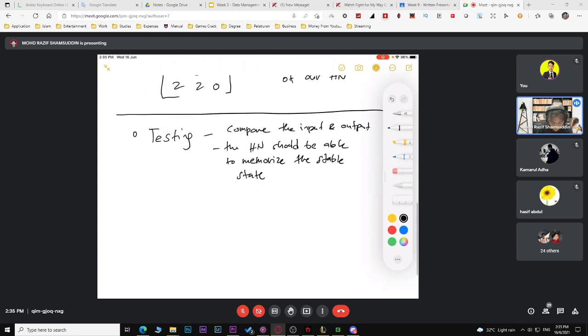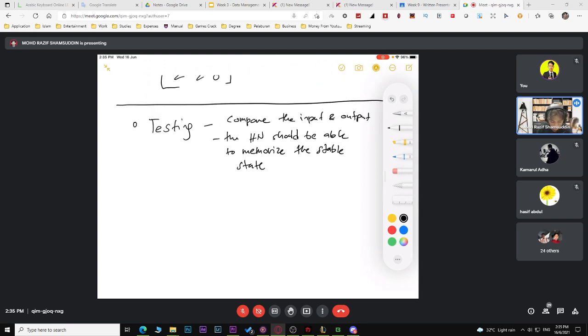So how do we know this network is able to memorize the stable state? Let's say this is our Hopfield network. Whatever the input given, input 1, input 2, and input 3 must produce out 1, out 2, out 3.